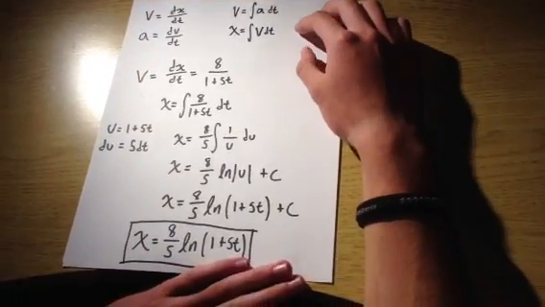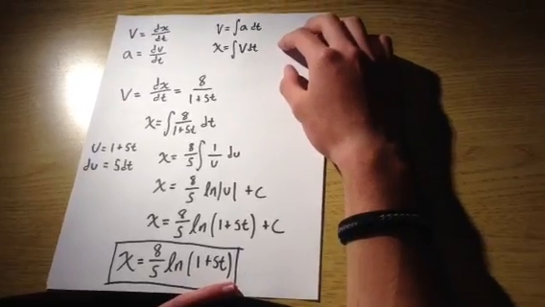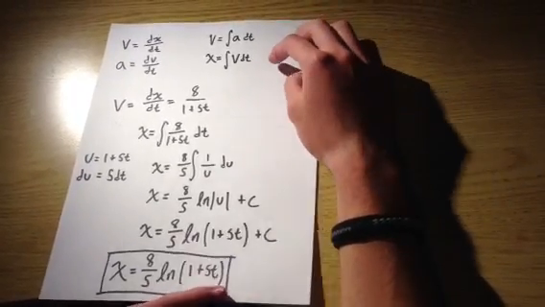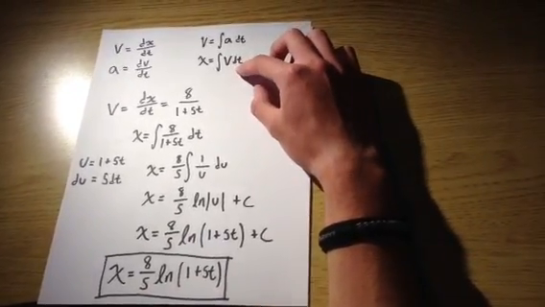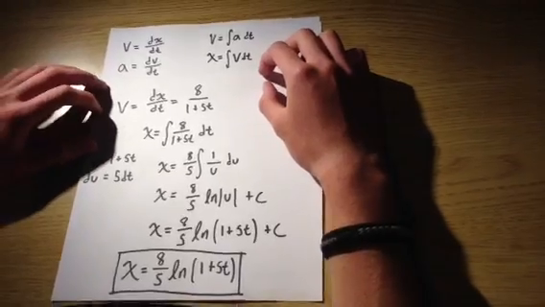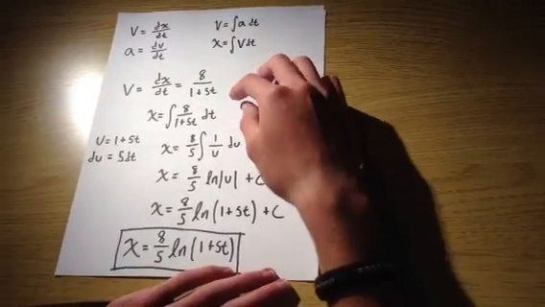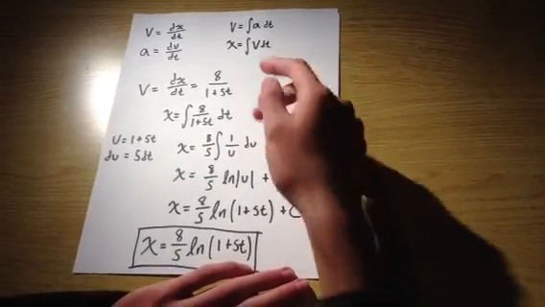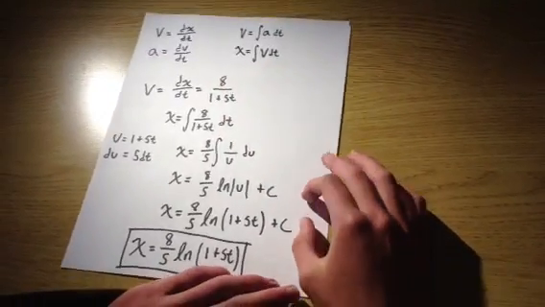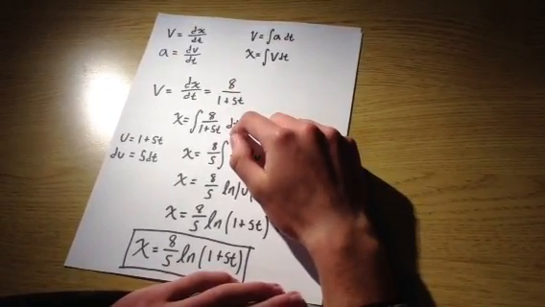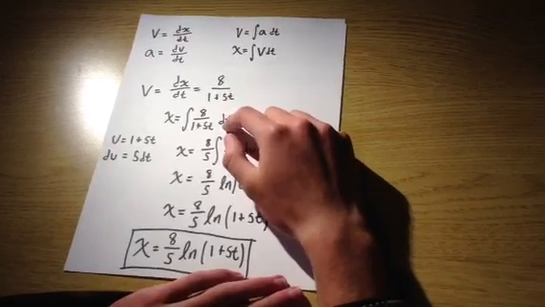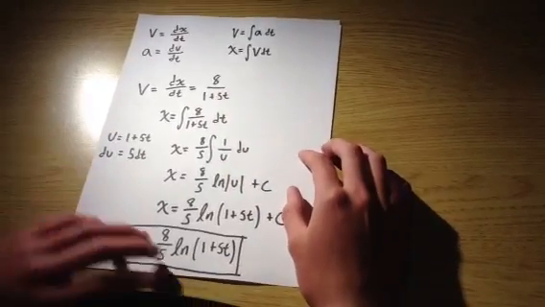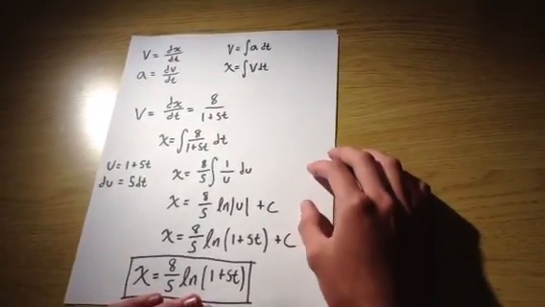So velocity is the integral of acceleration, and x position is the integral of velocity. We're given the velocity, 8 over 1 plus 5t, so we just take the integral of that to get the position, and we have to make a u substitution in order to do this.